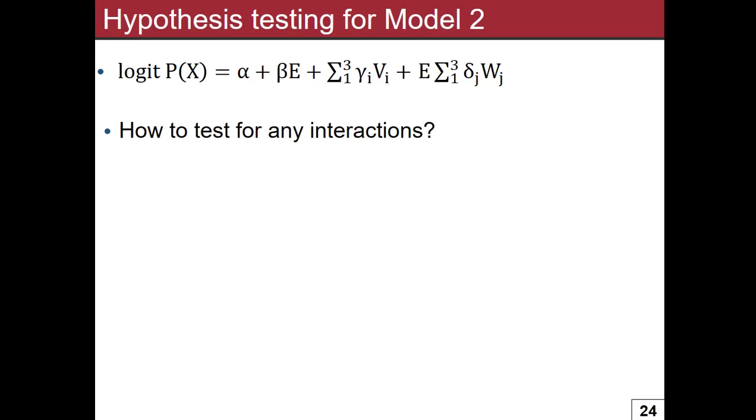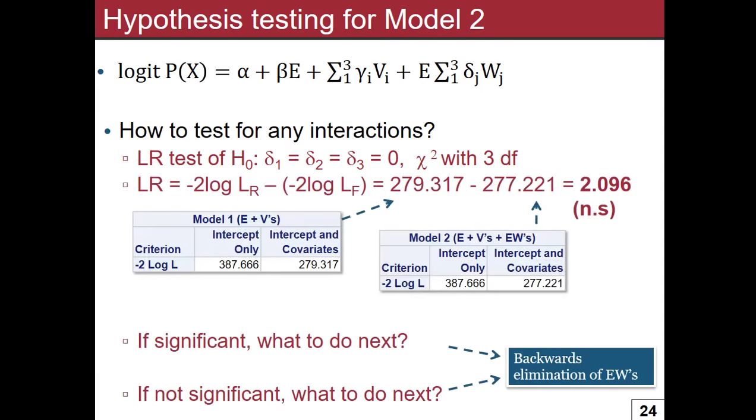So this test of any interaction might look something like this. Like I just said, you do a likelihood ratio test where the null hypothesis is that all three of these delta terms are equal to 0. It's a chi-square with 3 degrees of freedom because there are three variables you might be dropping. Let's put it all up here.